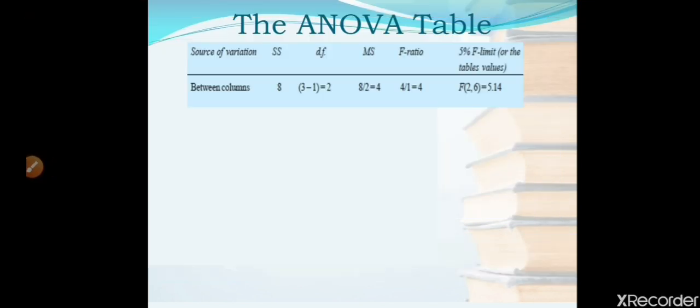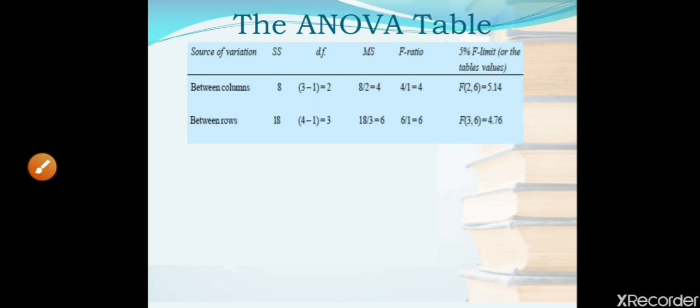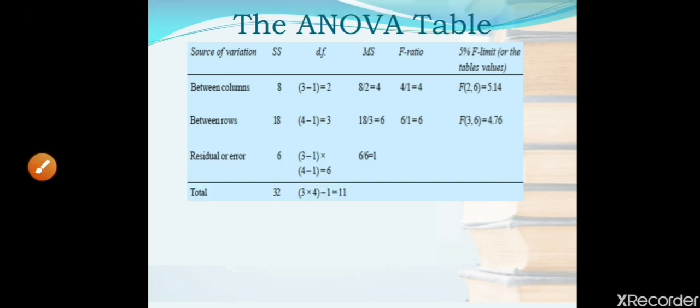We can form an ANOVA table. So between columns SS we have calculated 8. Degree of freedom is number of columns minus 1. MS is SS divided by degrees of freedom. F ratio is 4. Second is for between rows, SS is 18 and number of rows minus 1, 3. 18 by 3, SS by degrees of freedom, 6, and F ratio we will calculate later on.